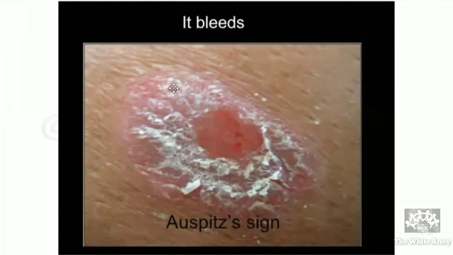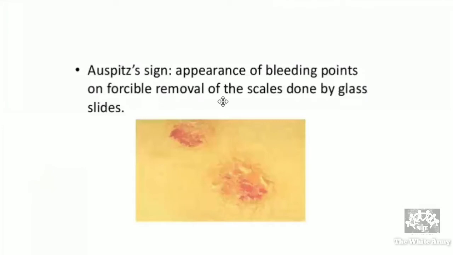So this whole process, from the start of scratching the lesion with the glass slide till the onset of bleeding, is called the Auspitz sign, and it's very characteristic of psoriasis. It's also an easy MCQ question for the exams: appearance of bleeding points on forcible removal of the scales with a glass slide.